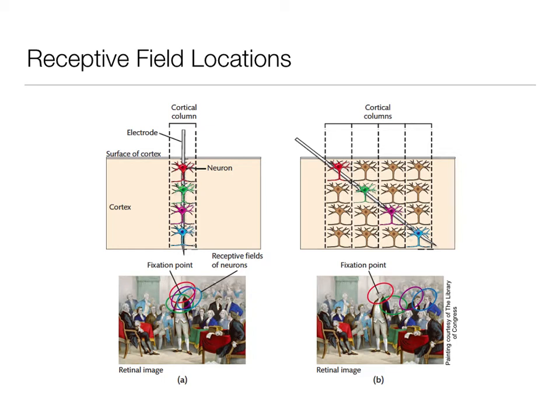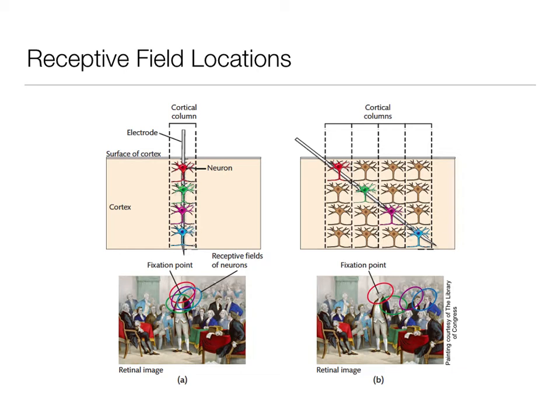So here's a picture, and we have George Washington there, and all those receptive fields are on George Washington's face, okay? Whereas if they stick the electrode in at an angle, so it goes through several cortical columns, which is what we're seeing in image B, the receptive fields may overlap a little bit, but they're all adjacent. They're all next to each other.